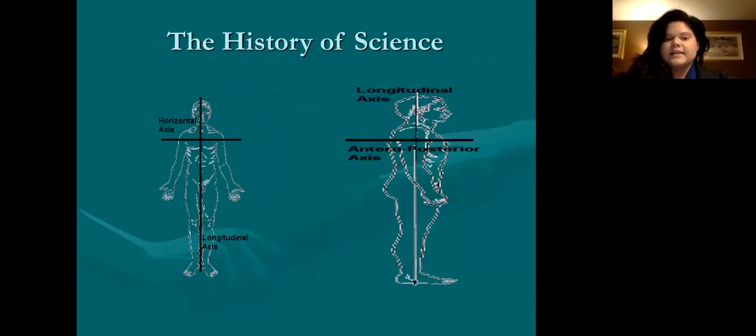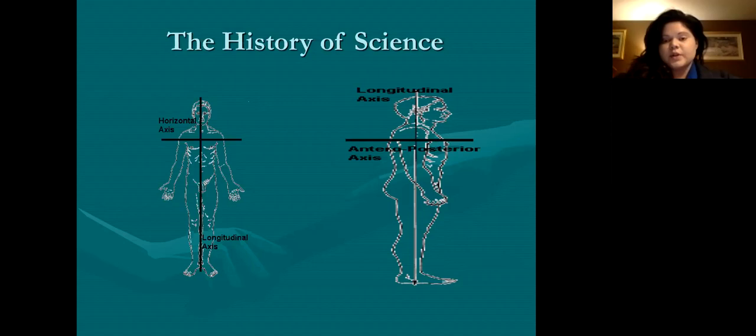As well, you have a horizontal axis, longitudinal axis, anterior and posterior. We need to know that if you're trying to describe where a discoloration or a laceration is, if it's proximal or distal to a particular marker of the body.